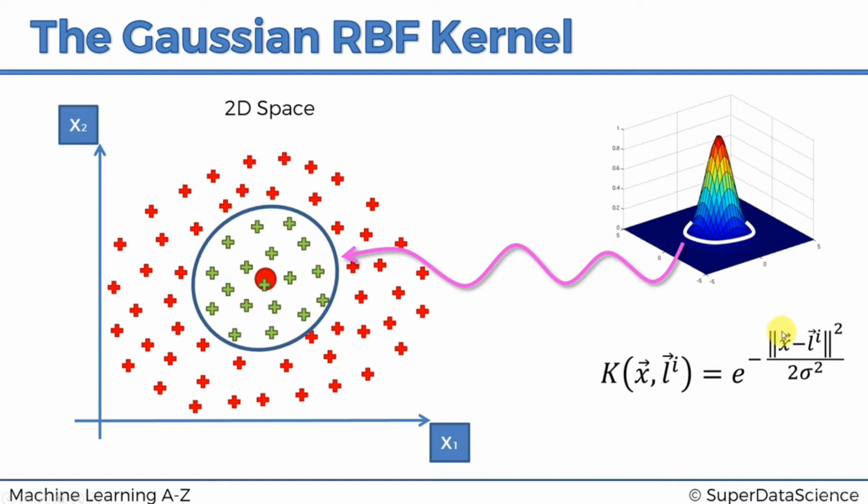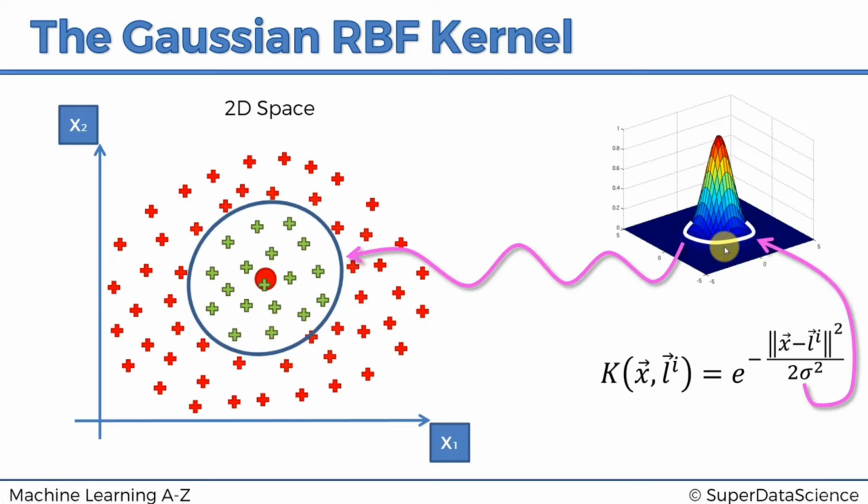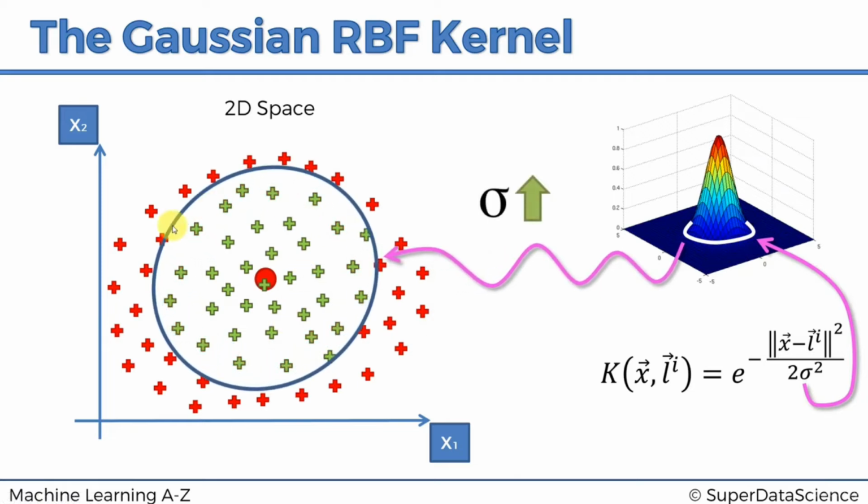Just if we pick the right sigma. Here we don't know that yet, but sigma's role is that it defines how wide this circumference is. So if you increase sigma, the circumference will increase. This picture didn't change, but it should.